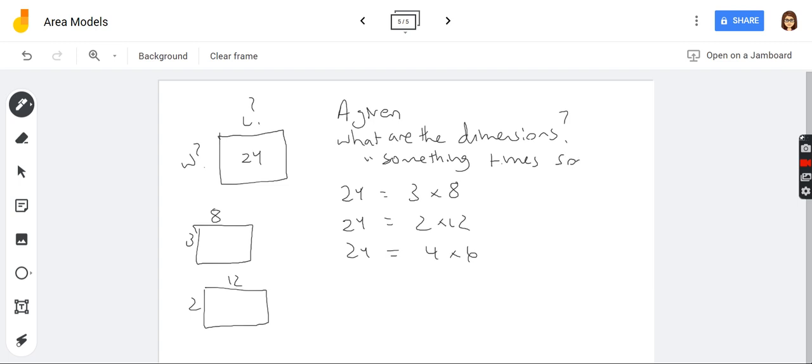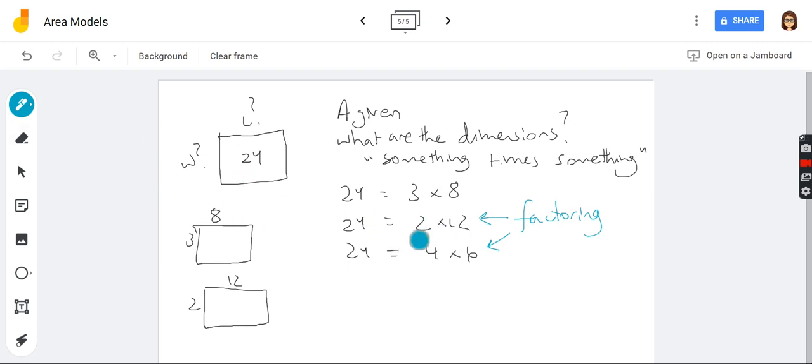Something times something has a name that you learned last year. And the name is factoring. Okay, so these something times something, they're factored. This is factoring the number 24.